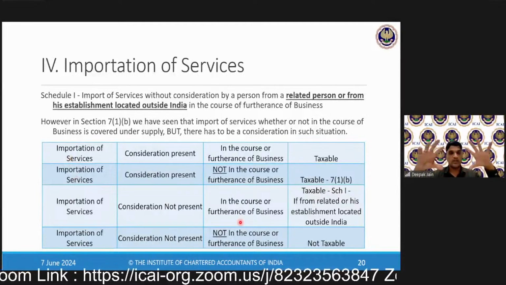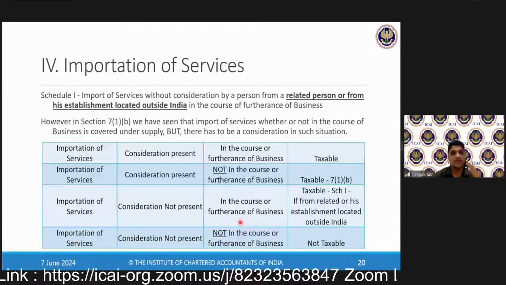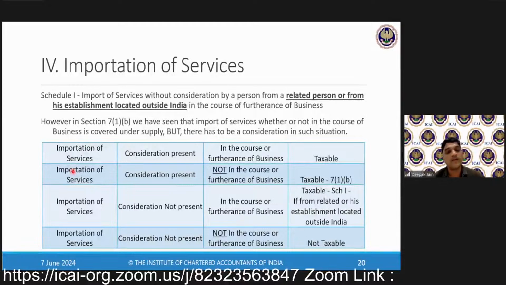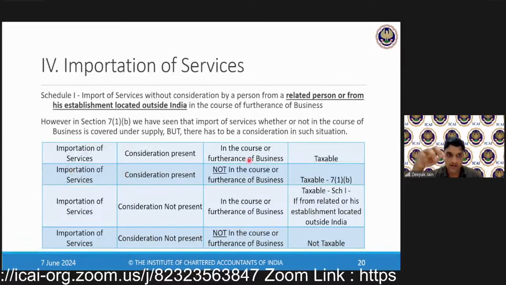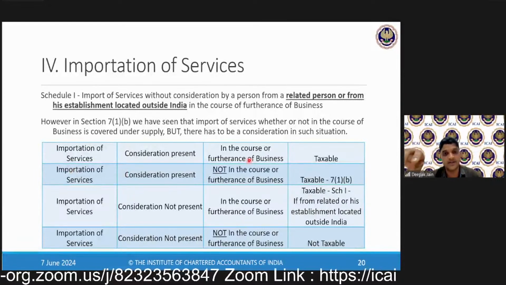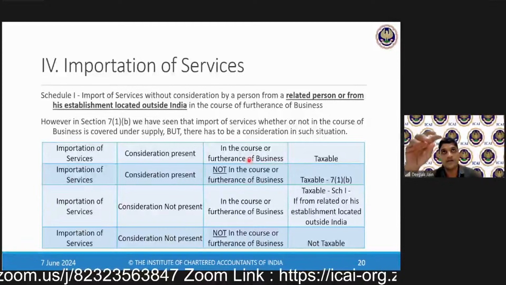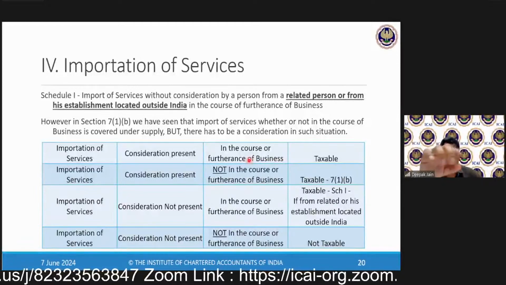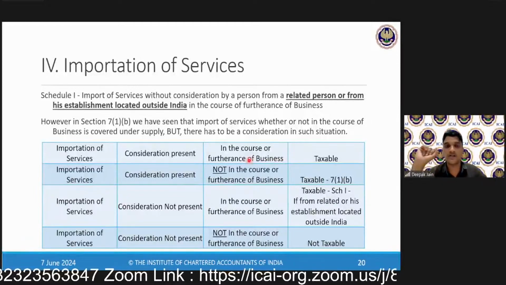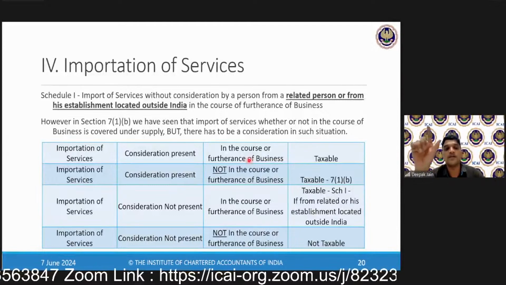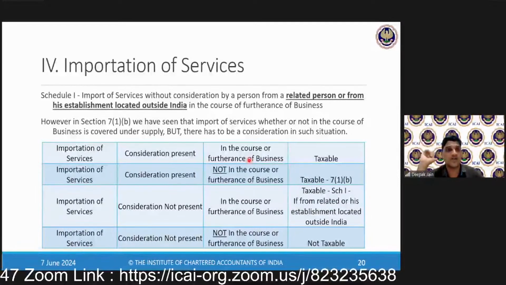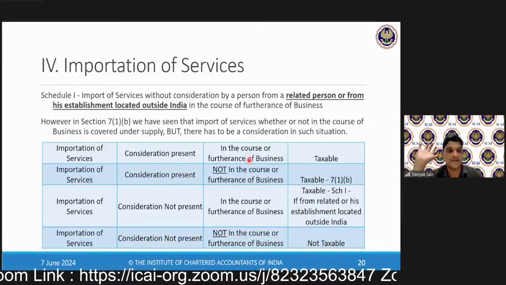So importation, if you see, there are various permutations and combinations. We'll go one by one. First, there is an importation of service and consideration is present. If I import something with consideration, and in the course of furtherance of business, it is taxable.